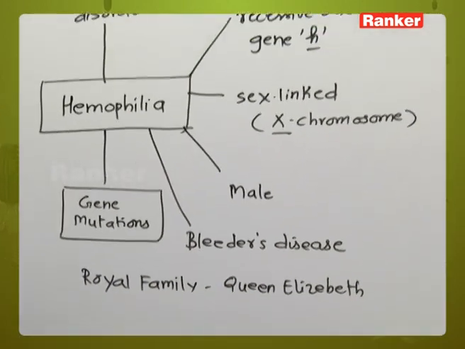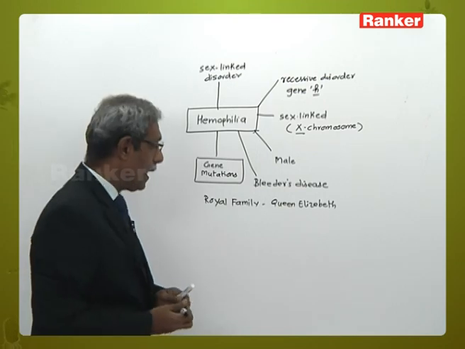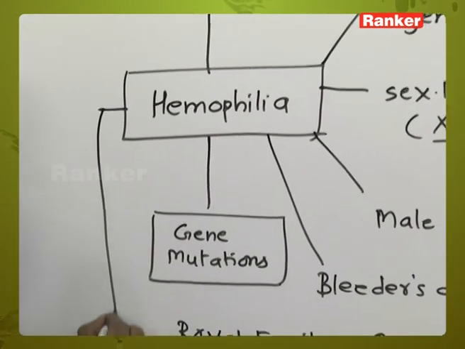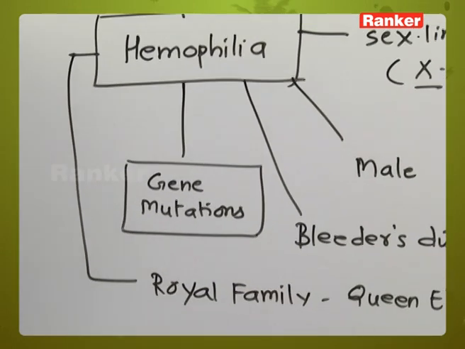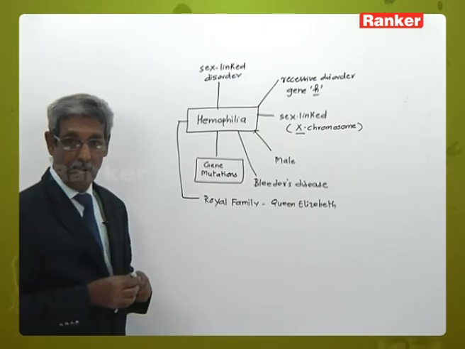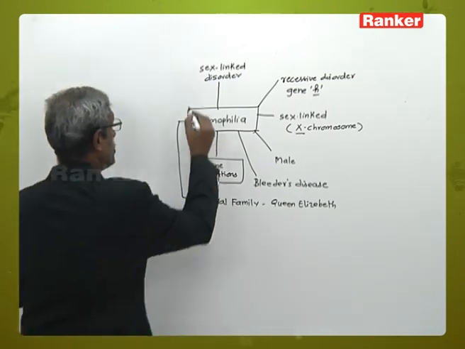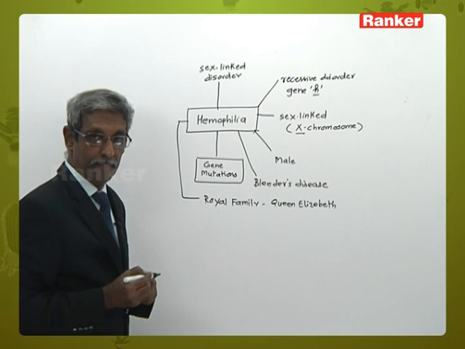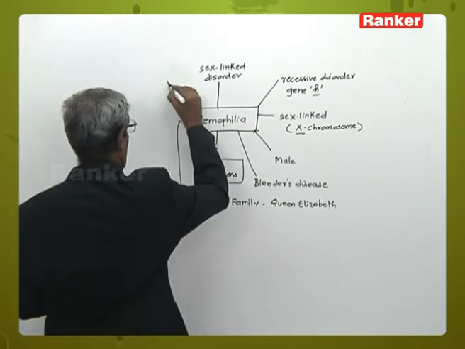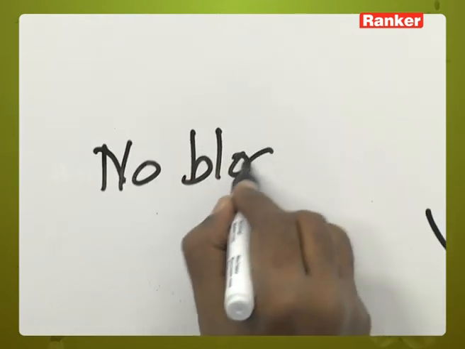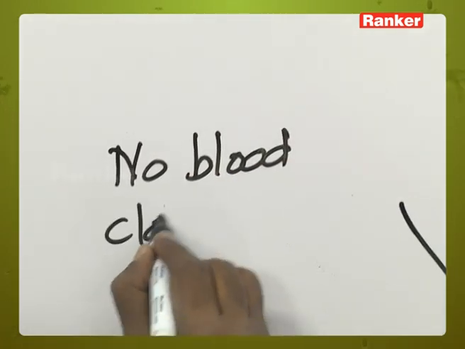The children of Queen Elizabeth inherited the pattern of the disease termed hemophilia. The basic feature of hemophilia, a sex-linked disorder, is that there is no blood clotting. Clotting of the blood does not occur.